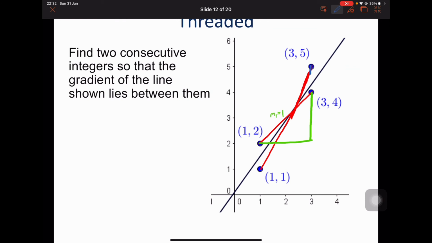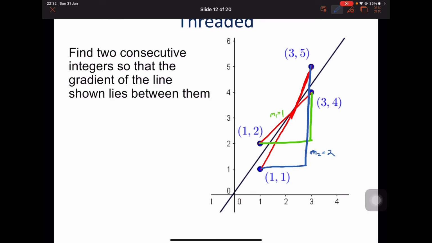Now as for the steeper red line, the height is 4, and the base is 2, so 4 over 2. So I'll write m2 equals 4 over 2, which is 2.